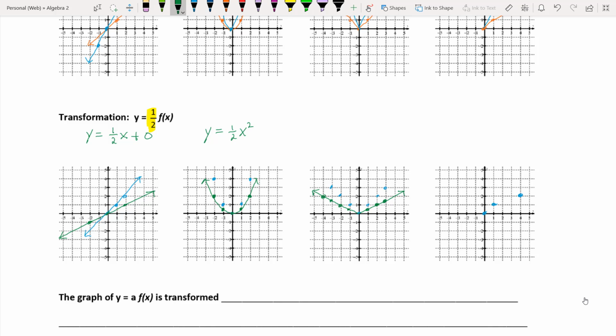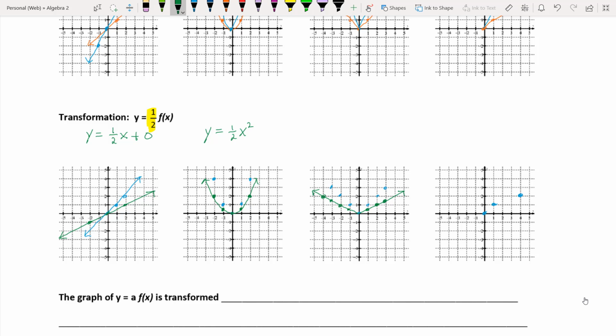And then I'm not going to go up 3 over 1. I'm going to go up 3/2 and over 1. Okay? So basically what this is doing is it's cutting the vertical distance between the points in half. Okay? If that makes sense. It's cutting the vertical distance between the points in half.